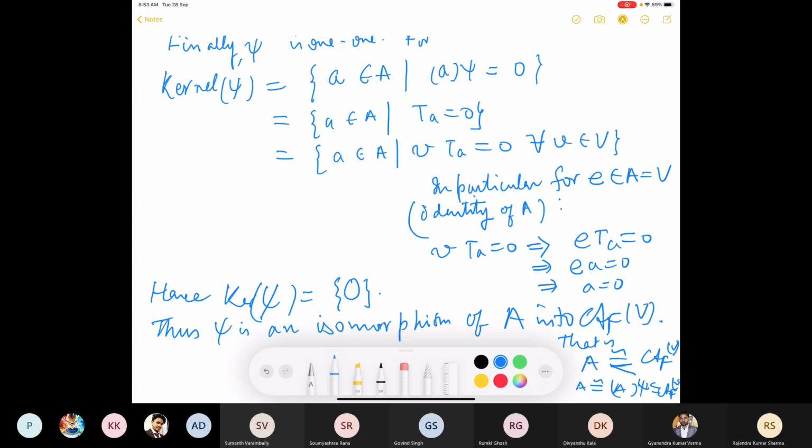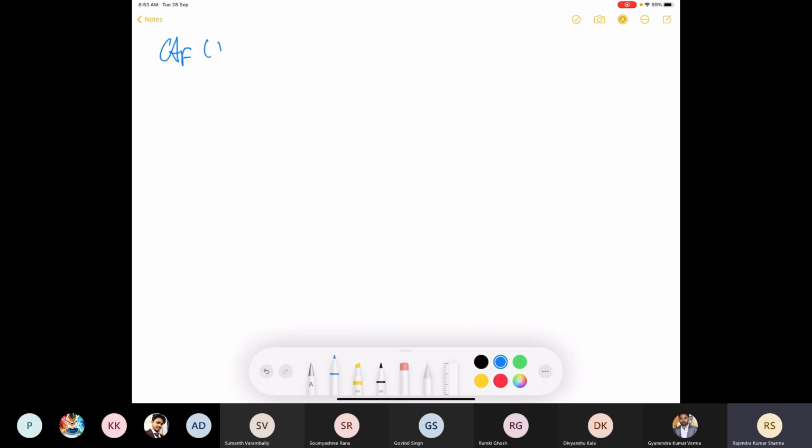For this reason, 𝒜(V) is called the general linear algebra. All subalgebras of 𝒜(V) are called linear algebras. So what we have proved is that every associative algebra with identity is isomorphic onto a subalgebra of the general linear algebra 𝒜(V).